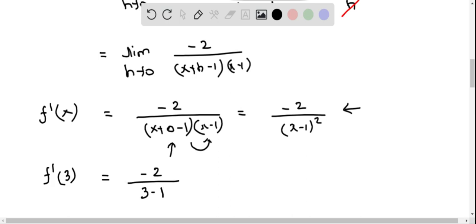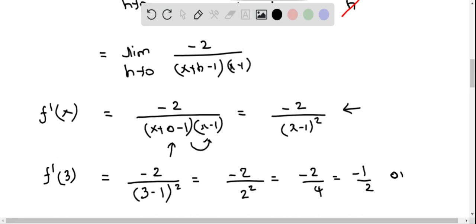This becomes 3 minus 1 quantity squared. This is equal to negative 2 divided by 3 minus 1, which is 2, so it becomes 2 squared. So we can cancel negative 2 over 4, and this is equal to, if we reduce the fraction, negative 1/2, or we can write it in decimals as negative 0.5.